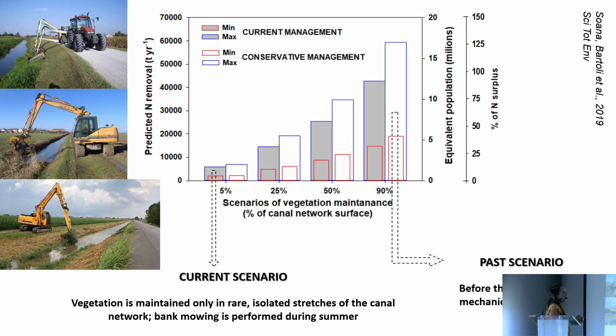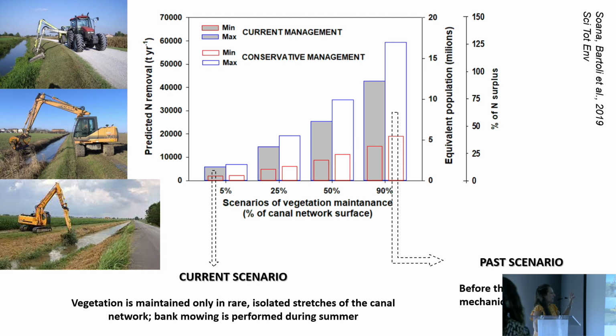And in this case, the capacity of the canals to remove nitrate was greater. And it is unfeasible to think to restore vegetation in all the canal network due to the actual design and the management of this peculiar ecosystem.